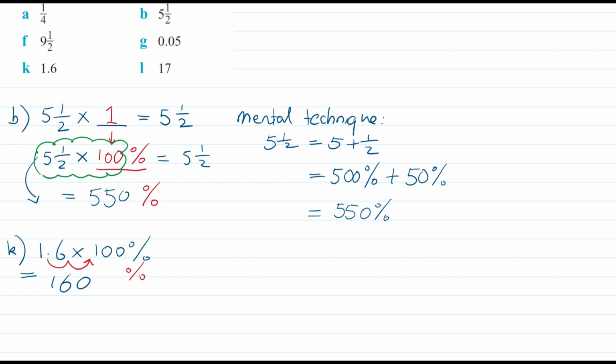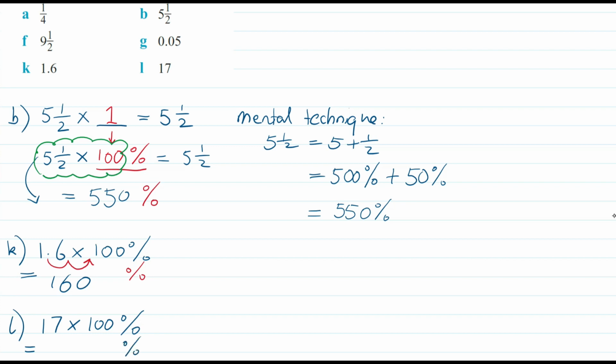And the last question that we're going to do for this question 6 is part L. But in part L, we have the whole number 17, and we can use the same technique, multiply by 100%, which is still going to end up with 17. Okay, but because we've now introduced the percent symbol, we can actually write our answer as a percentage.